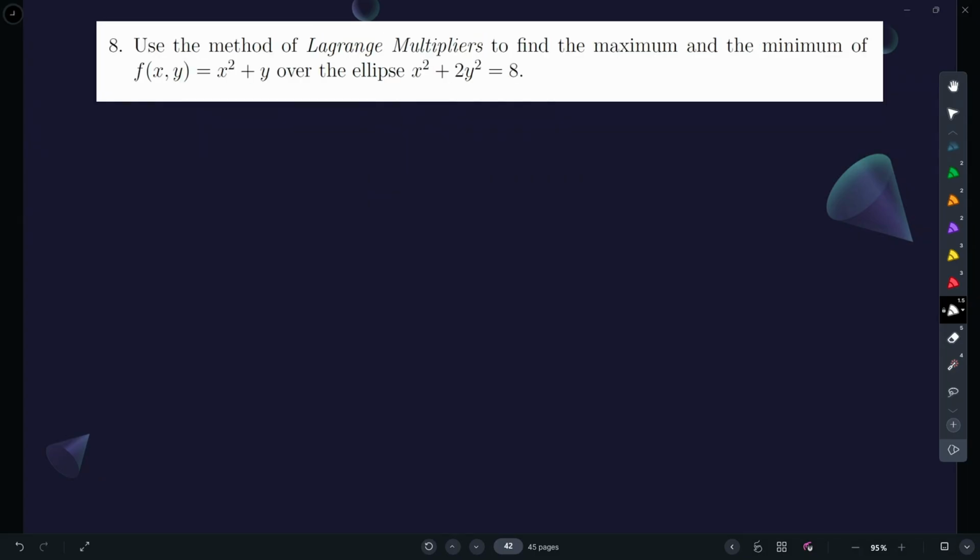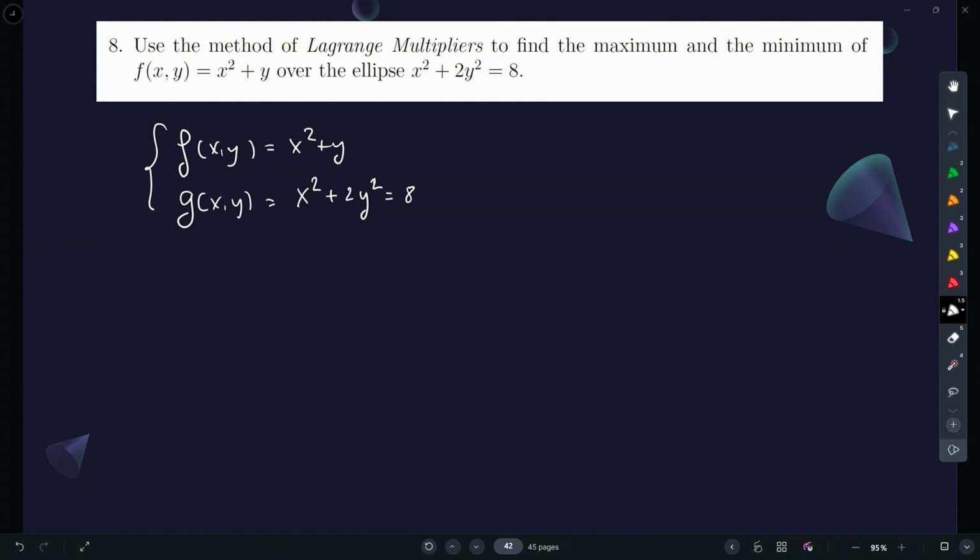8. So we're going to find the max and the min of a function on a region, on an ellipse in this case. So here's how you set it up. We have f, it's x squared plus y, and my function g is x squared plus 2y squared equals 8.